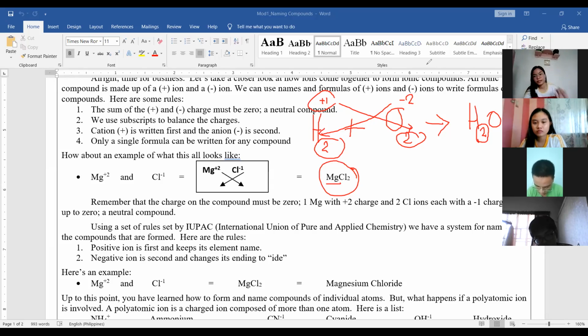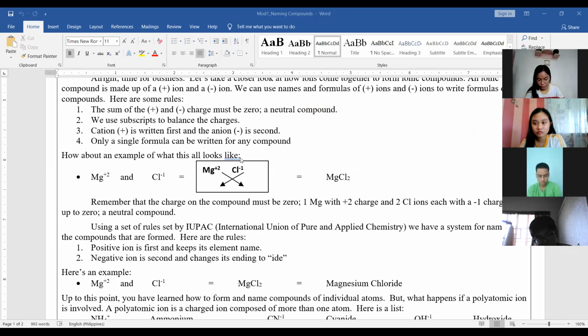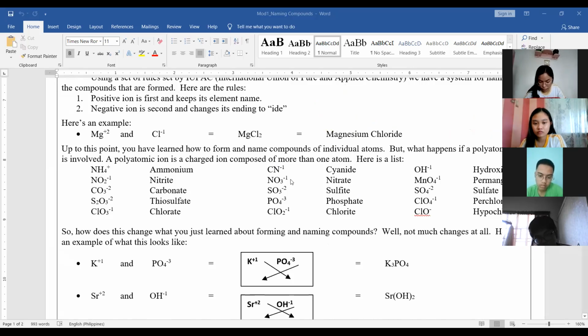Okay, and then also in the module, class, please notice that I also write here the polyatomic ions. Examples of polyatomic ions are ammonium, nitrite, carbonate, perchlorate, chlorate, thiosulfate. You can find these in your periodic table together with their ionization.